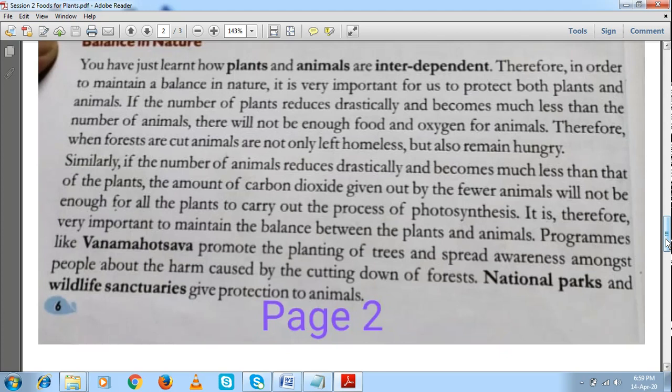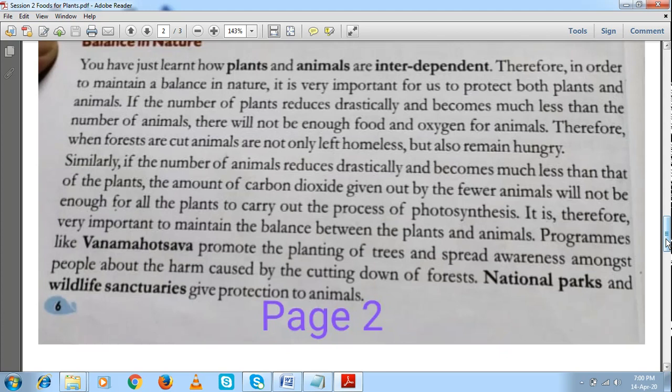Less oxygen means that it will be very difficult for us to survive in the years ahead. The population is increasing day by day. That means the amount of carbon dioxide is increasing at a very fast rate. But because of deforestation, that is, the cutting down of trees on a very large scale, the amount of oxygen is depleting.